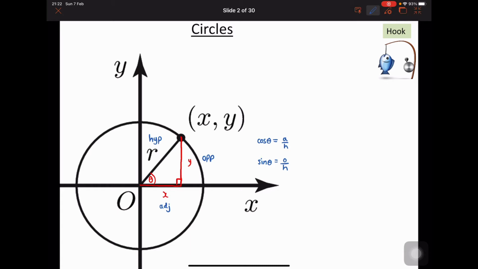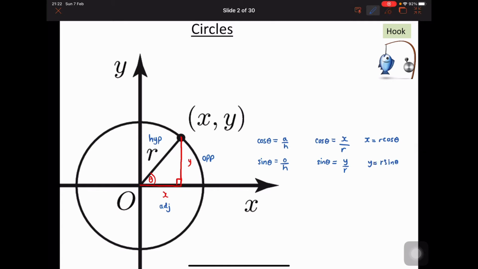So cos theta equals adjacent, which is x, over the hypotenuse, which is r. Sine theta equals y over r. So now if we make x the subject here, it's r cos theta, and here we have y equals r sine theta.